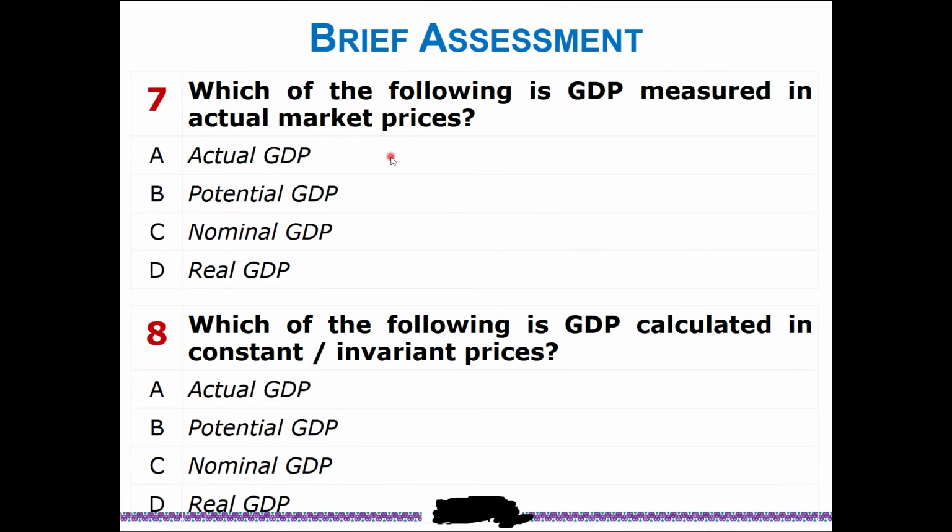And then we also have, which of the following is GDP calculated in constant prices? GDP at constant prices is also called real GDP, which is calculated using the base year. So the answer here is D. When calculating real GDP, we use constant prices, keeping the prices constant, and we use the prices of the base year.